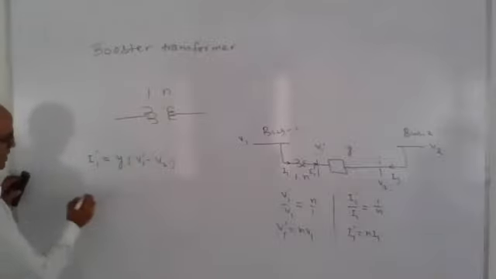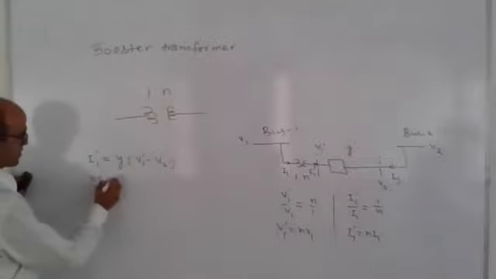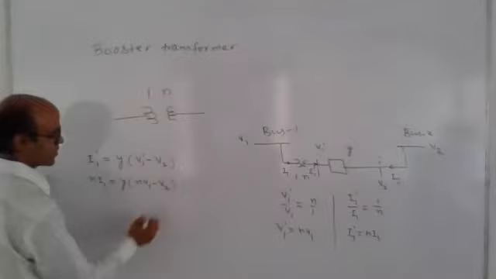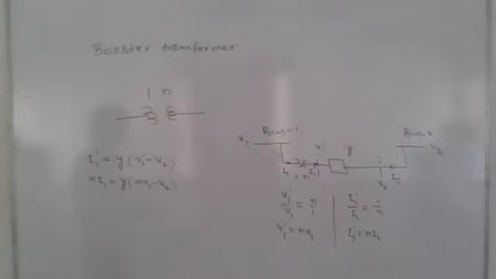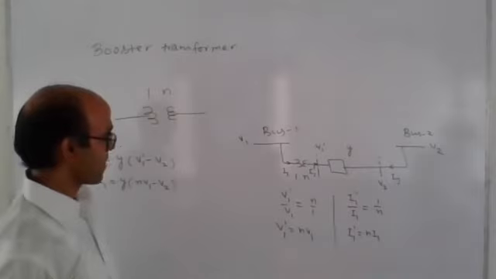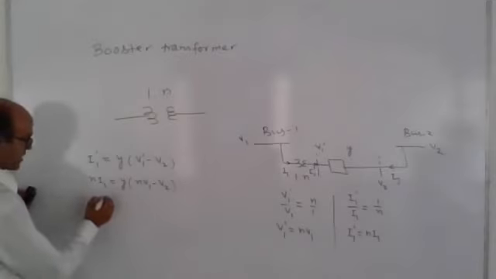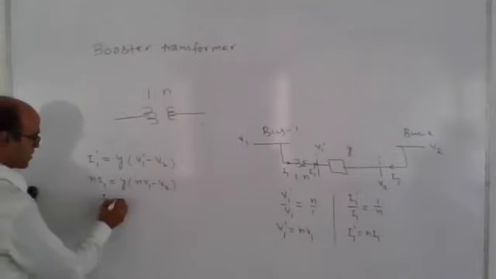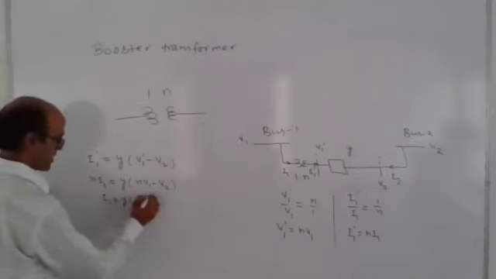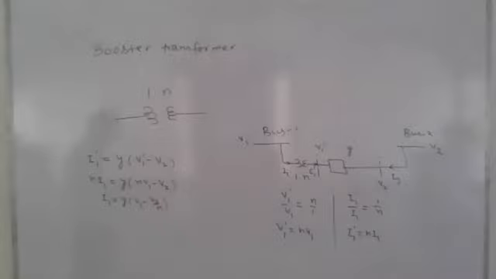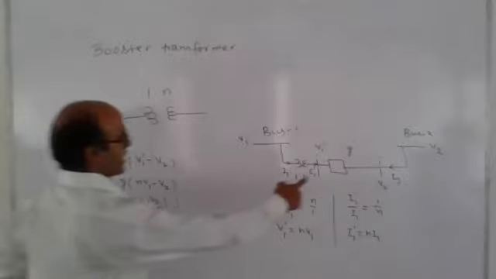I1 dash is n times I1, equal to y into n times V1 minus V2. Now if I divide by n, then I get I1 equal to y into V1 minus V2 by n. So this is the value of I1 at this point.